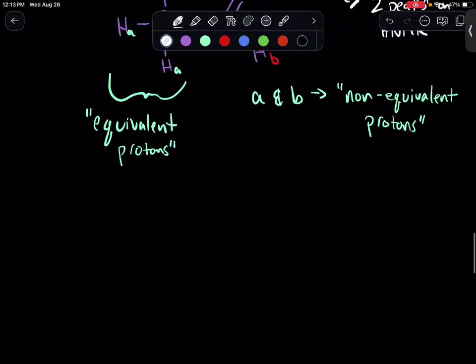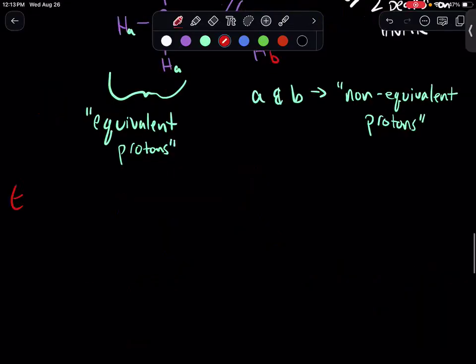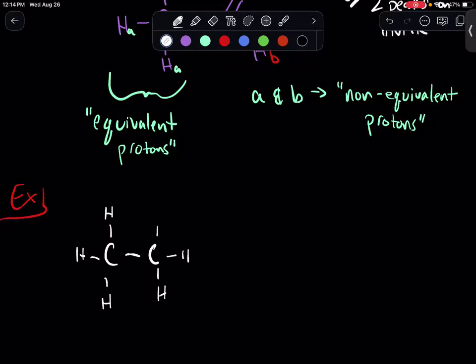Let's take a look at another example. And we can start getting some hints about how this works. So in this case, I'm just going to do ethane. So maybe pause and take a moment. See if you can figure out how many chemical environments we have. Which protons are equivalent protons, which protons are non-equivalent protons. So pause it and come back. All right.